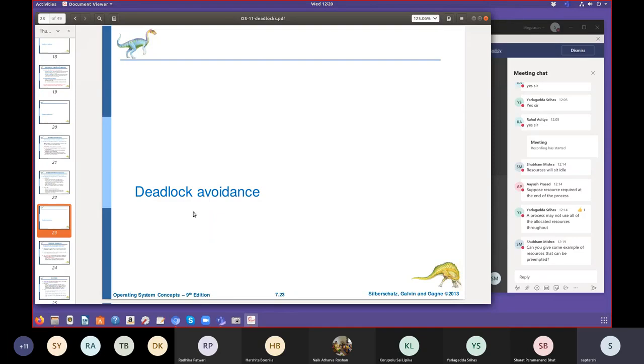Let's say it is able to get hold of one semaphore, but it waits for the other semaphore, and it is not yet allocated. So then it's evident that the process has not started its critical section and it has to wait. So then that semaphore which it had already got can actually be freed up.